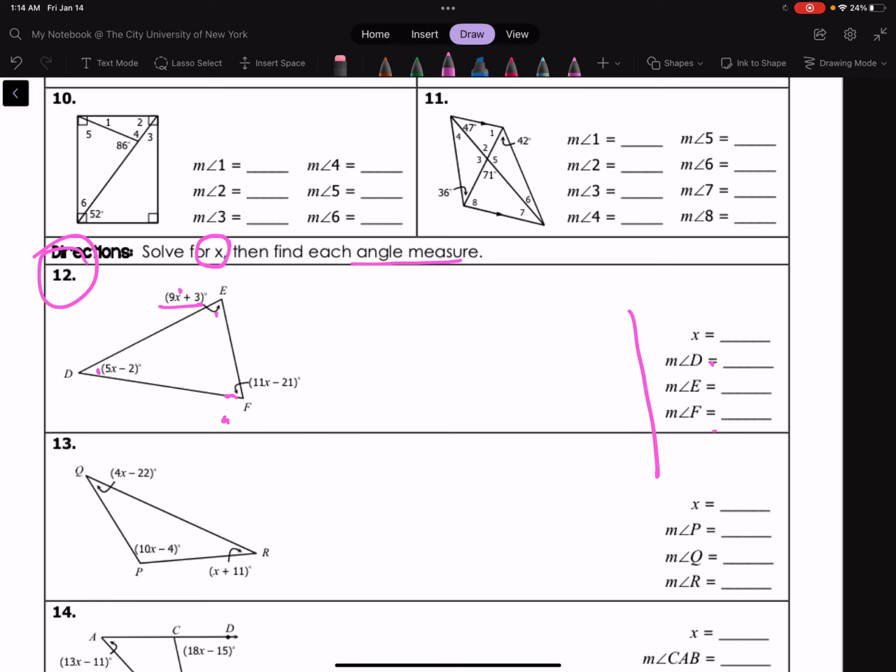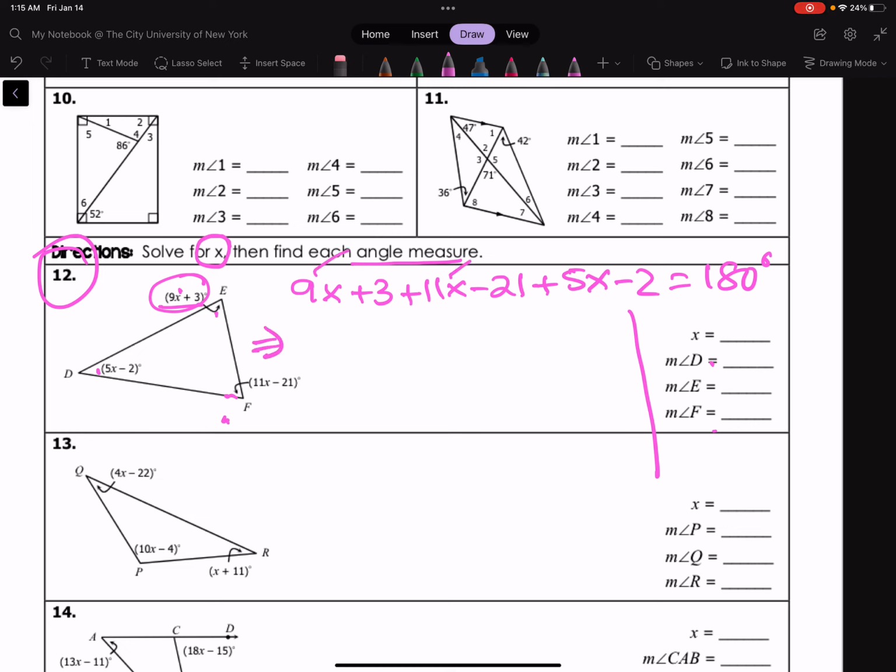This angle is 9x plus 3, then 11x minus 21, and then 5x minus 2. That should equal 180 degrees.